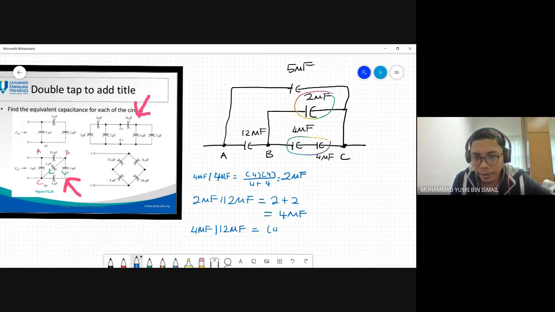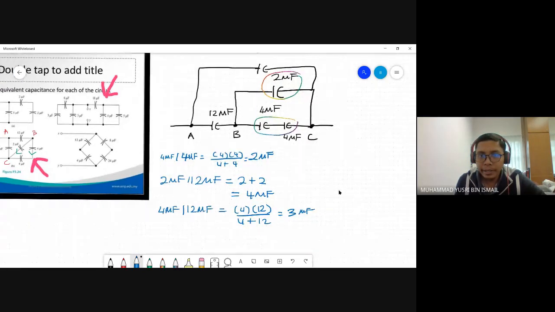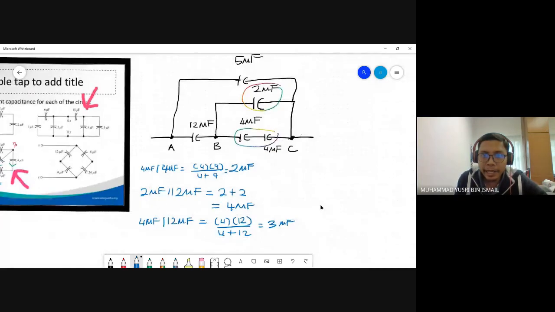So, 4 times 12, berapa Farah? Yang lain pun boleh cuba buat. 3. Okay, 3 microfarad. So sekarang ni kita dah selesaikan bahagian yang ni.